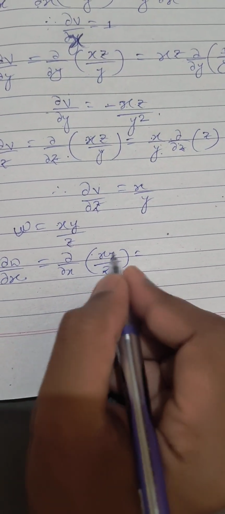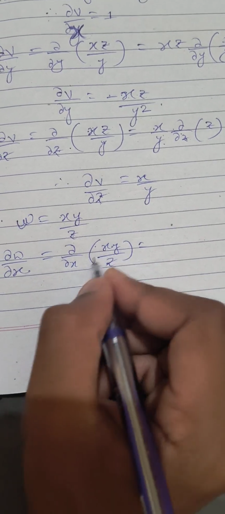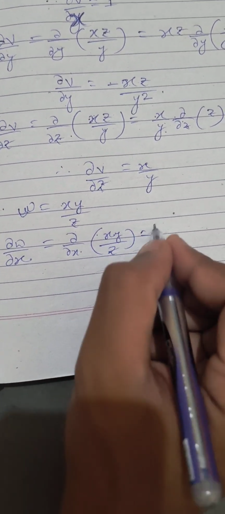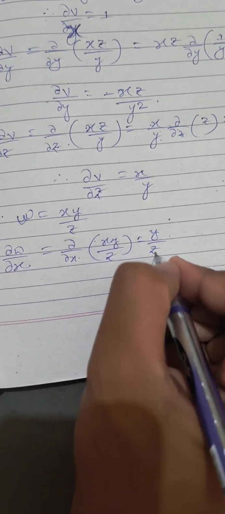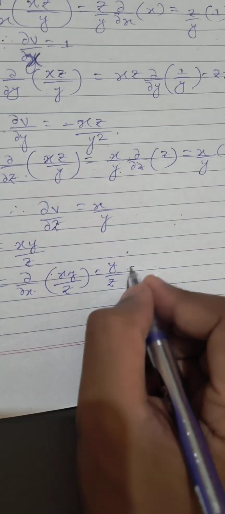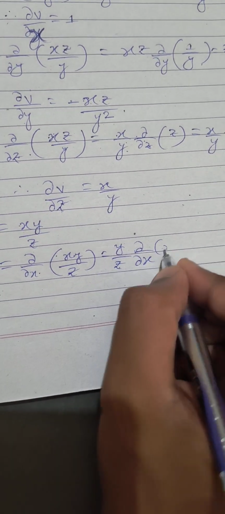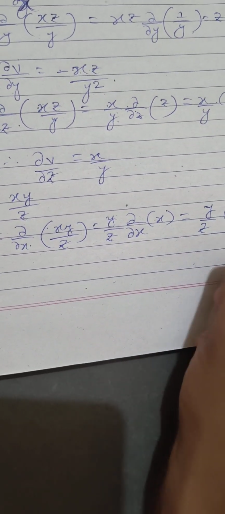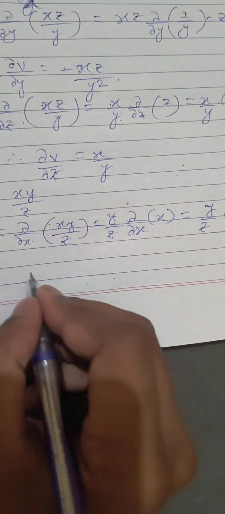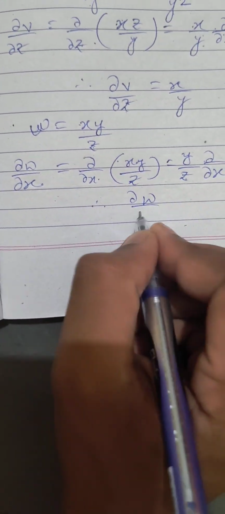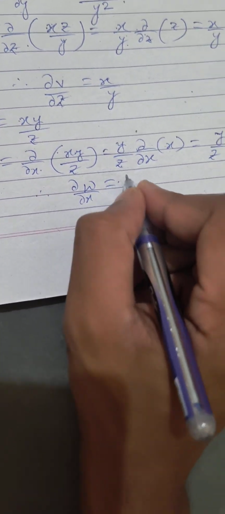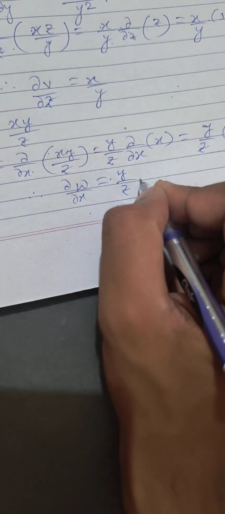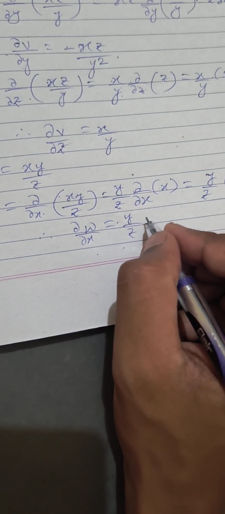Now find ∂w/∂x, that is ∂/∂x of the value of w, xy/z. Now here, differentiating this term partially with respect to x means y/z should be kept constant, and we take ∂/∂x of x. Is it clear? So y/z into 1 is equal to y/z. Therefore ∂w/∂x is equal to y/z. This is the value of ∂w/∂x.